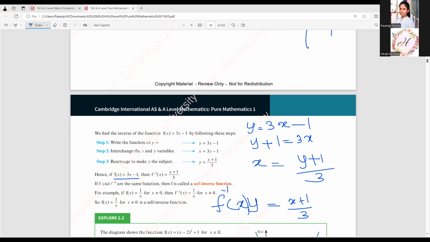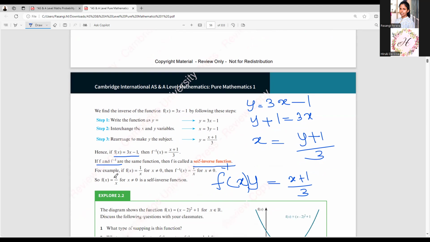If the function and the inverse function are both the same function, then we call it a self-inverse function. For example, if we consider the function of x as 1 over x, for x not equal to 0, then the inverse function is also 1 over x. Both are the same anyway. Then we call those types of functions self-inverse functions.